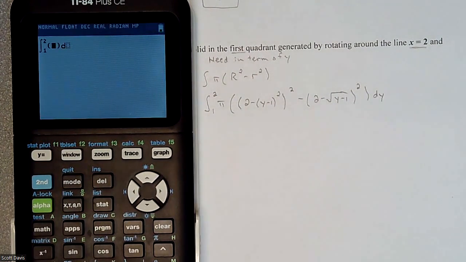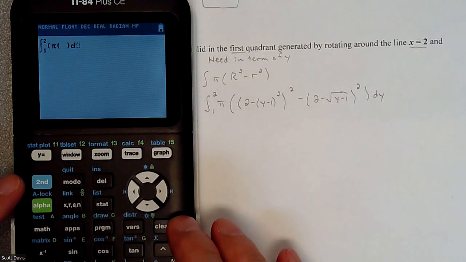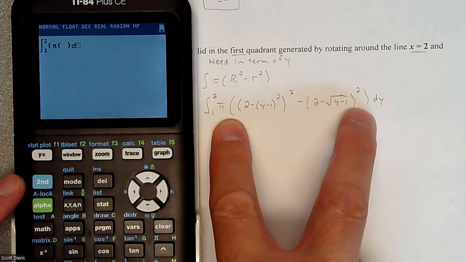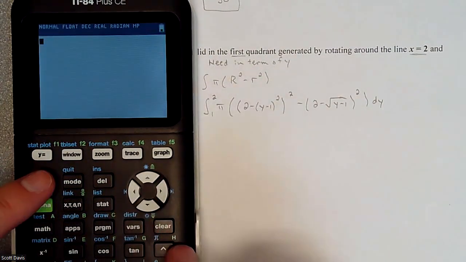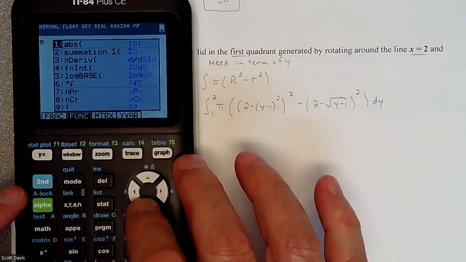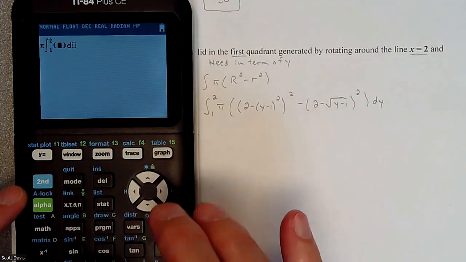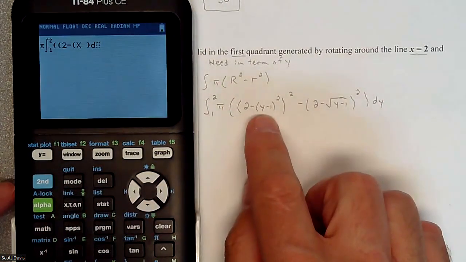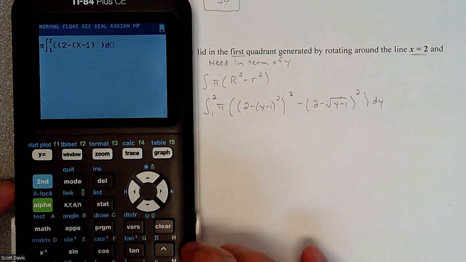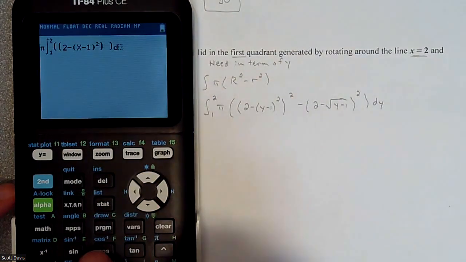And we've got to be careful with all of our parentheses and everything. We're going to have pi times, but we're going to need another set of parentheses because you're going to be multiplying pi. Well, in fact, let's just do the pi on the outside, and we don't have to worry about as many parentheses. So we're going to go 1 to 2. We're going to do our first big R. So 2 minus, we'll have to do it in x's, minus 1, and then that piece is squared, and then that parenthesis is squared.